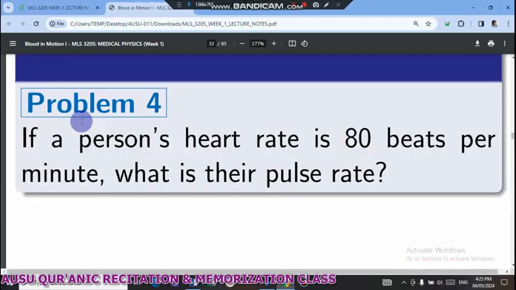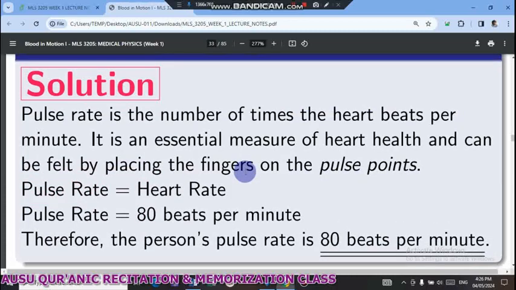And in the problem, we are told that this person's heart beats 80 times in 1 minute. It means the quantity that we are given is the pulse rate. So we are not calculating anything. We simply say that the pulse rate is 80 beats per minute. But we have to give reasons for that. That is why we wrote a few sentences before stating that.